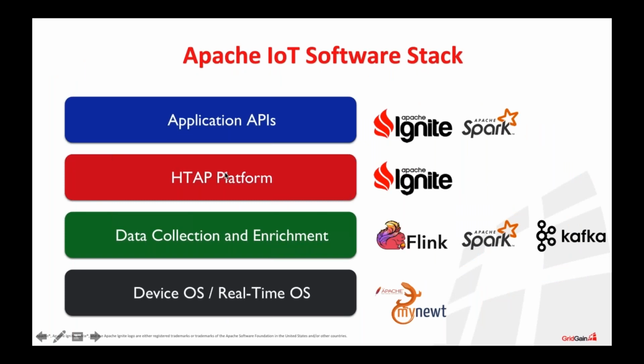So here you have to use some distributed storage, some computational system that can process transactional and analytical workloads. On the Apache software side, probably Apache Ignite is one of the best projects here. But as for the data collection, sometimes it's up to you. You might want to use Flink, you might want to use Spark, or it might even be enough to use just Apache Ignite streaming capabilities. So in general, this data collection and enrichment module is optional and it's up to you.